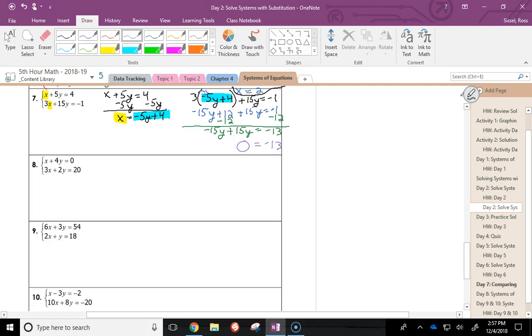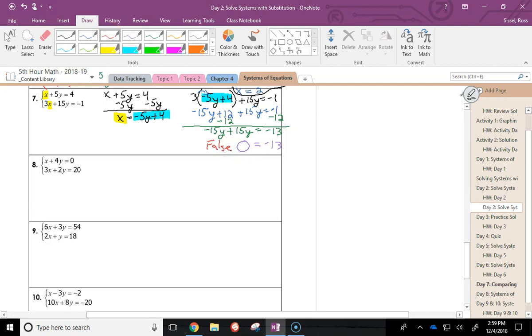If I have 0 equals negative 13, I do not have a solution on this one. So as I'm saying, we have no solution. What does that mean? Think about this real quick. If I went to solve this, this is a false statement. 0 does not equal negative 13.